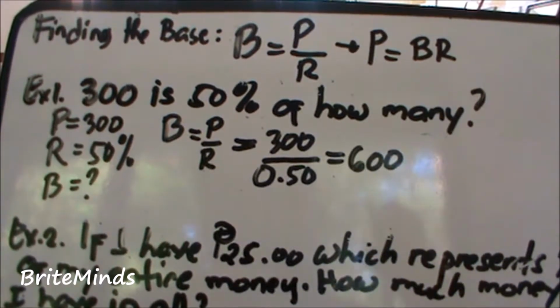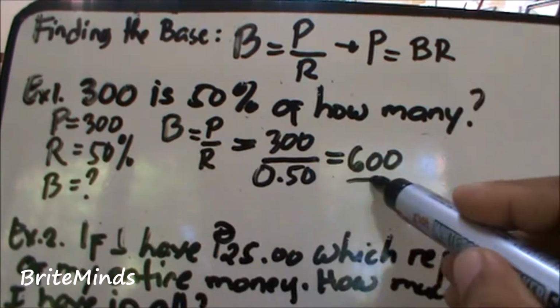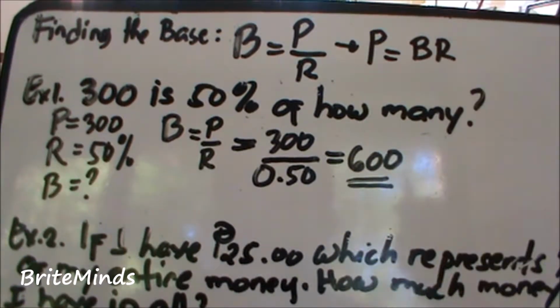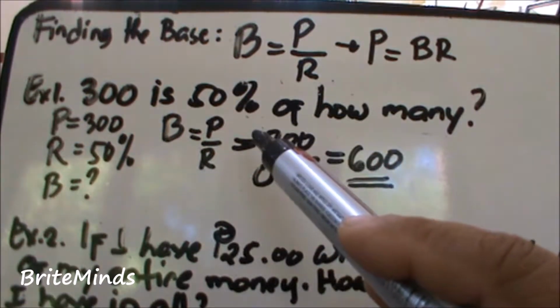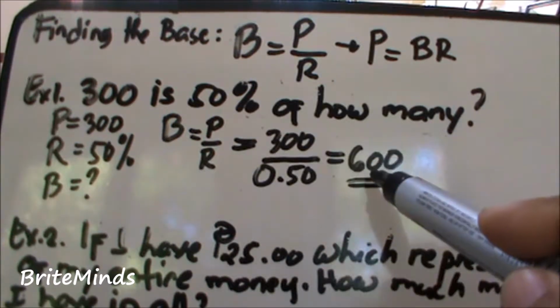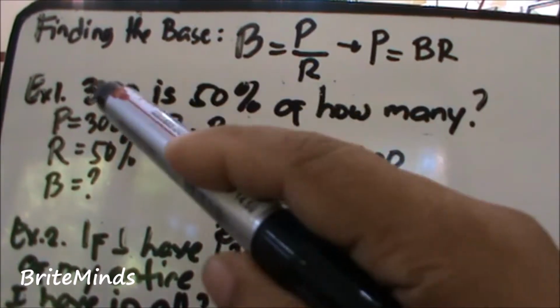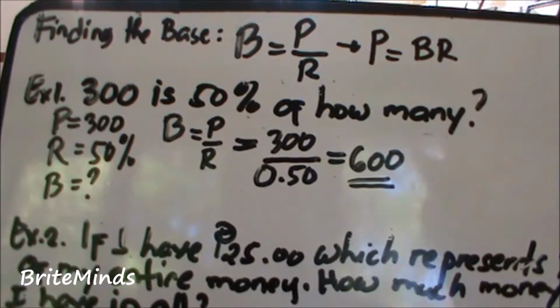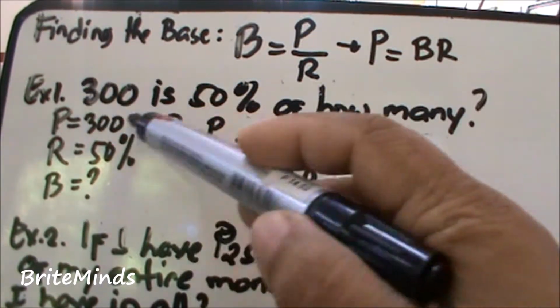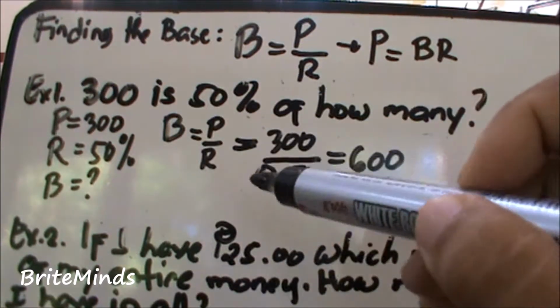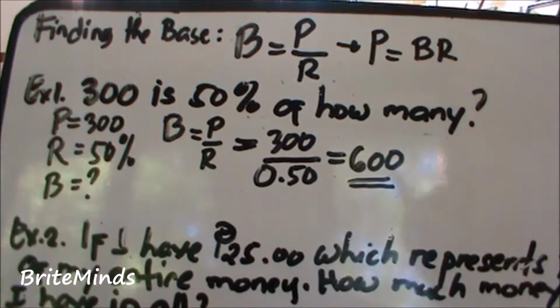Now we have our base, which is 600. So it means guys that 50% of 600 is 300, or 300 is 50% of 600.